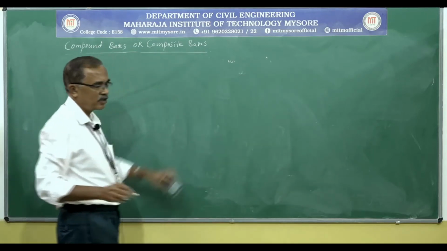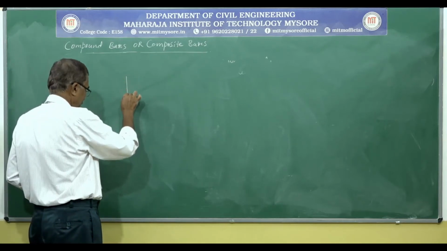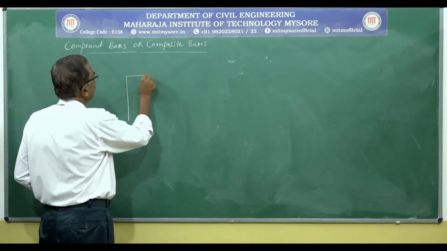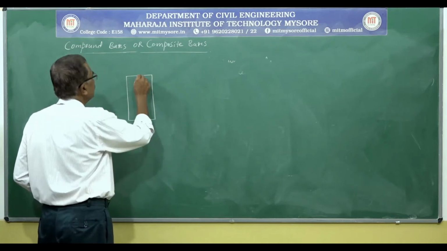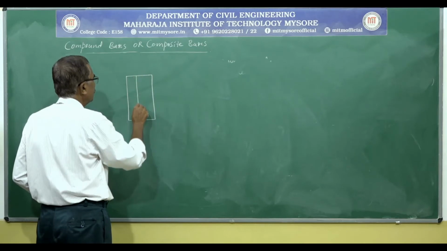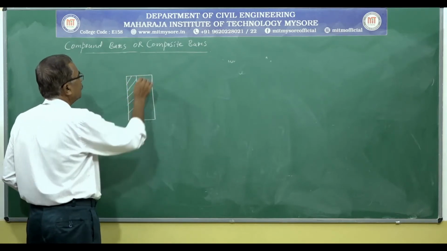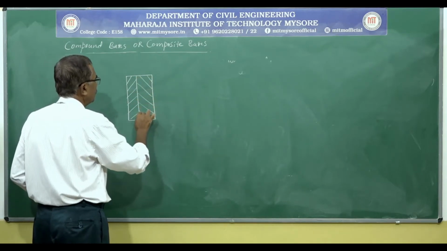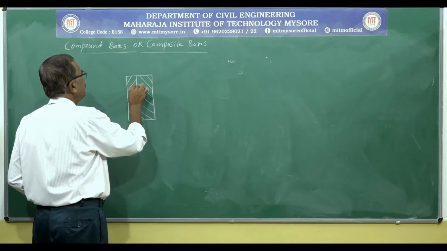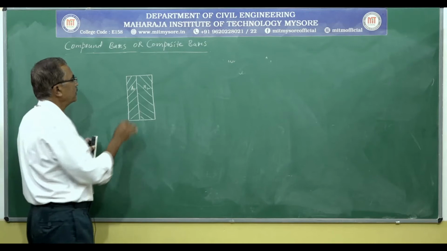Again, in order to understand this compound bar or composite bar, let us consider a member made up of two materials. Let A1 be the cross sectional area of the first material, A2 be the cross sectional area of the other material.